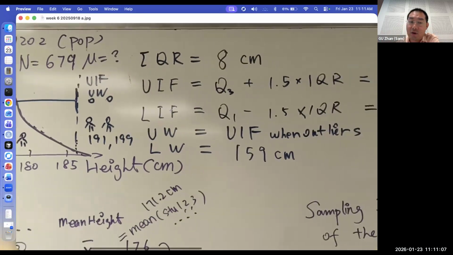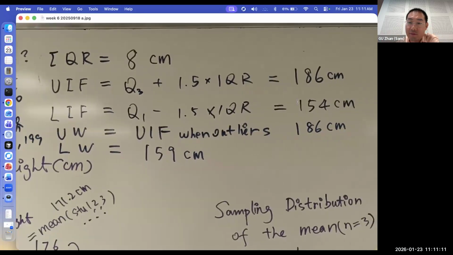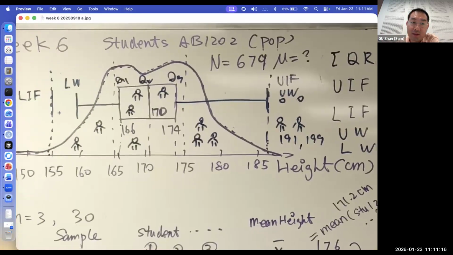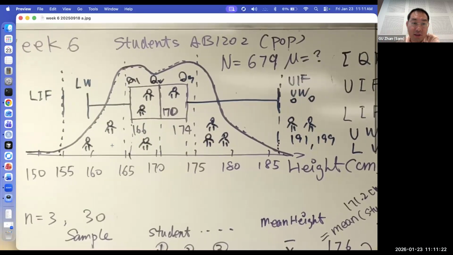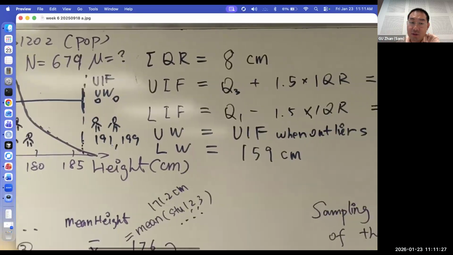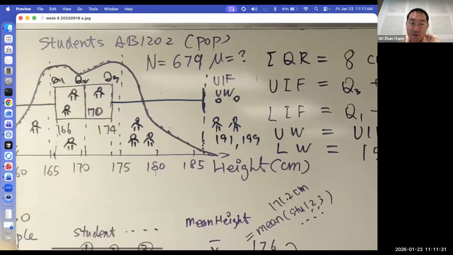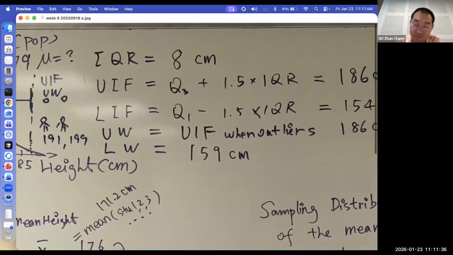Then next you will look at the lower inner fence. The lower inner fence is 154. Who is the shortest? Let's assume the shortest student in our cohort is 159 centimeter.